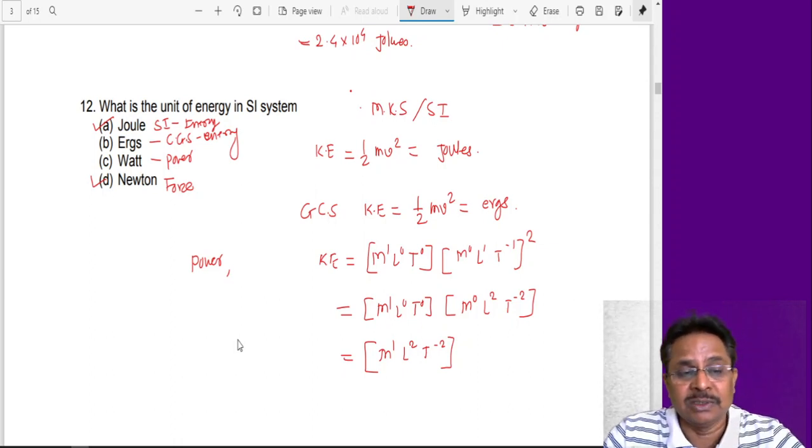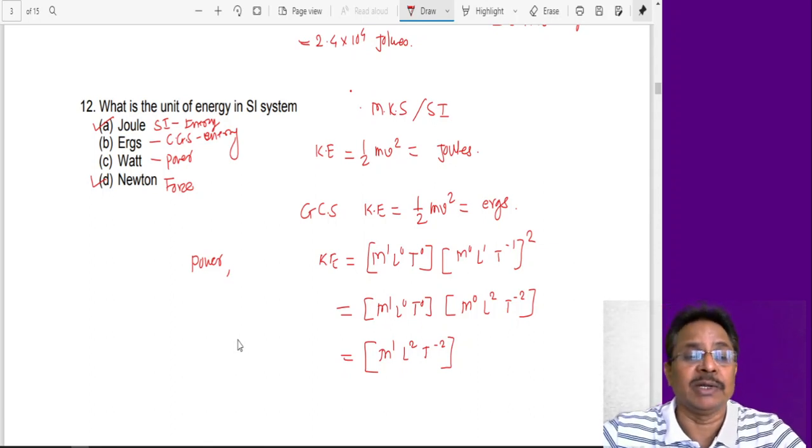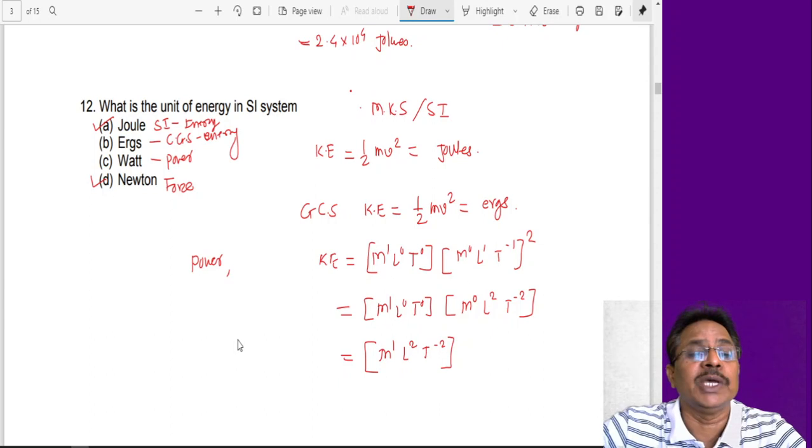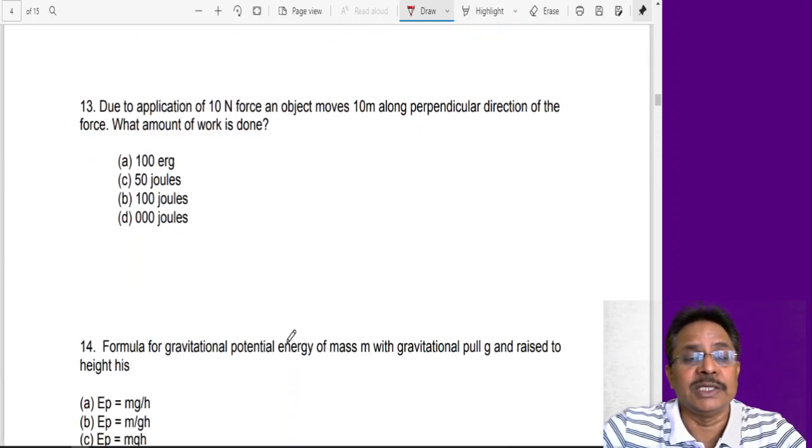Even though this question appears very simple, a memory-based question, one can make a twist and alter it in a number of ways, as shown by this example. You may be asked the unit of any quantity given in the options, or the dimensions of any of these, and you can find out dimensions as shown by this analysis.